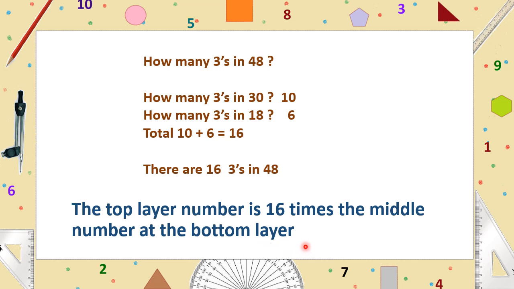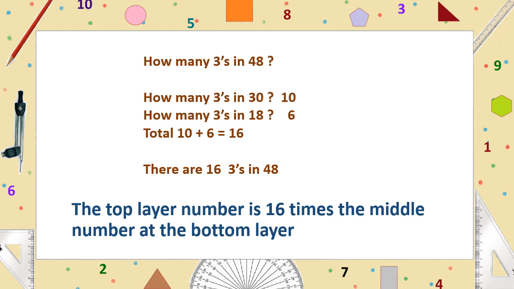In the case of a 5-layered pyramid, when we take 5 consecutive numbers or 5 numbers in a regular pattern at the bottom layer, we will get the top layer number as 16 times the middle number at the bottom layer. Here, we only checked this relationship for one 5-layered pyramid.